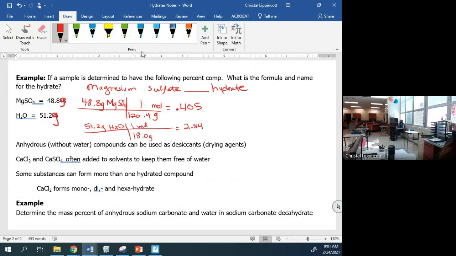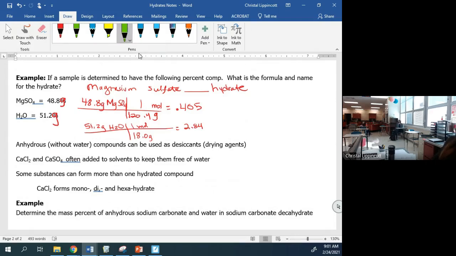But this can't be bigger than this value, or if it is, it's just a fractional rounding kind of amount, okay? But this one should always be equal to or bigger than this one, okay?